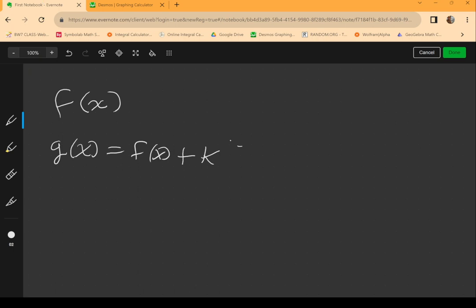This corresponds to a vertical shift. Now I'm going to do the next type of translation.